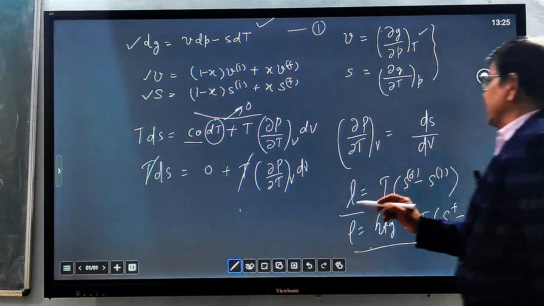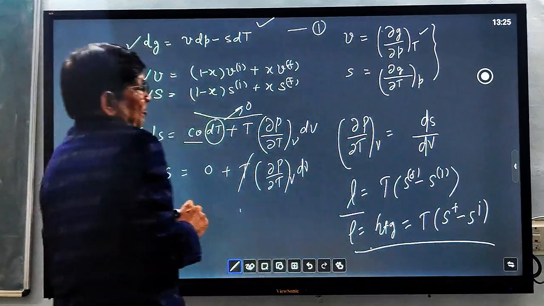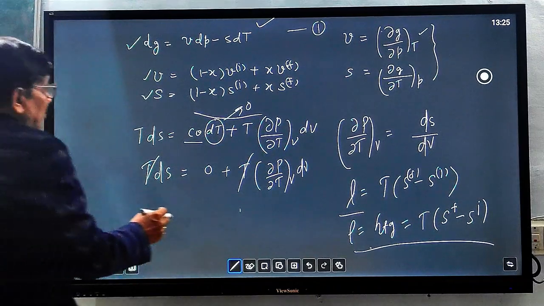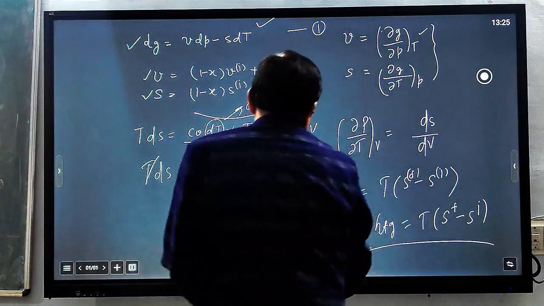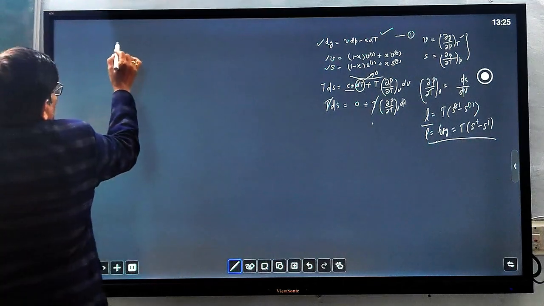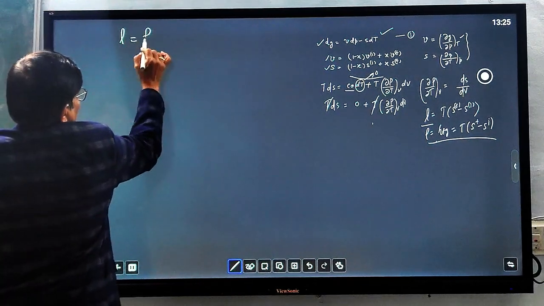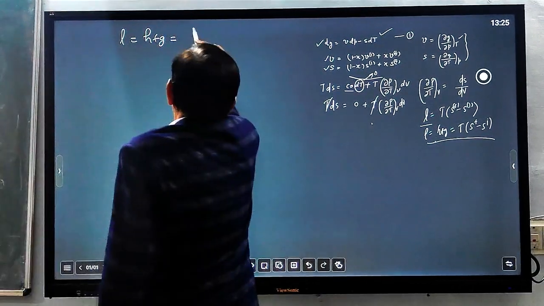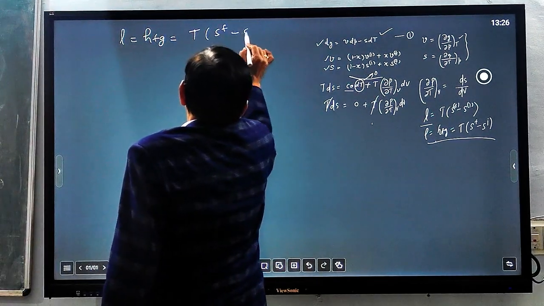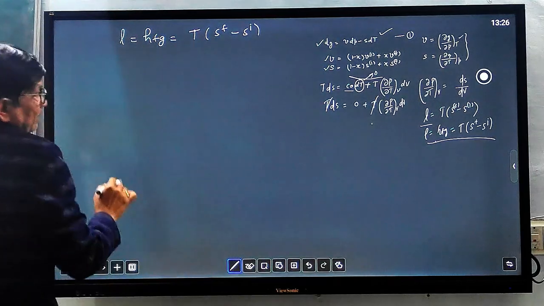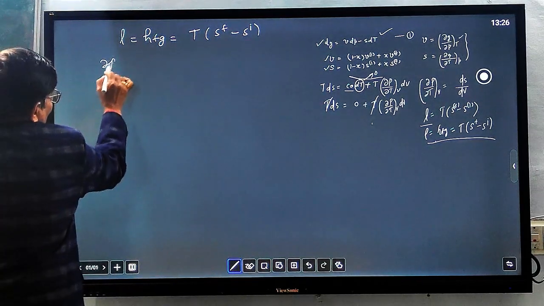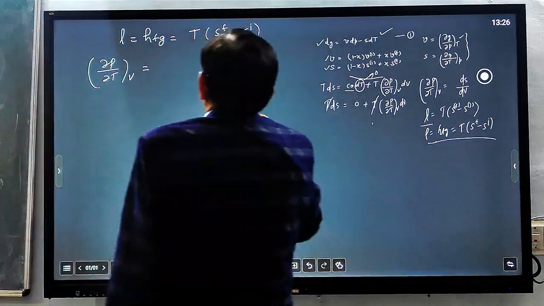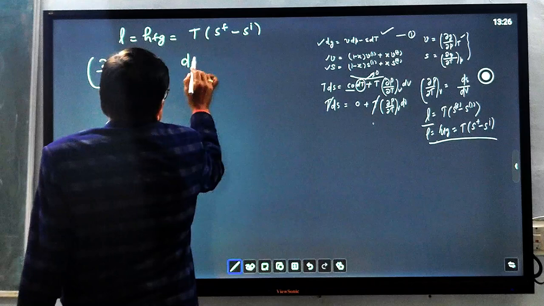So here we see that del P over del T at constant V is independent of volume. We can write this equation. So L equal to HFG, the latent heat of phase transformation, equal to T(SF minus SI). And from the equation we already have, del P over del T at constant V equal to dS by dV.